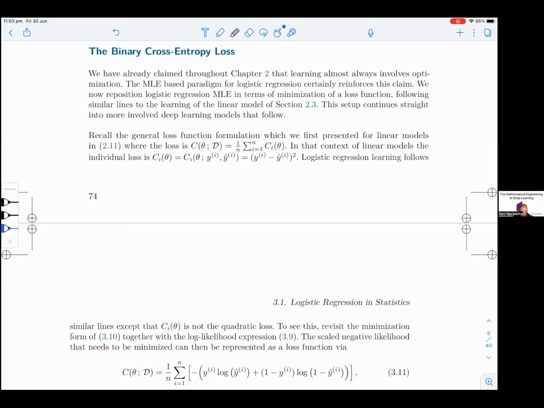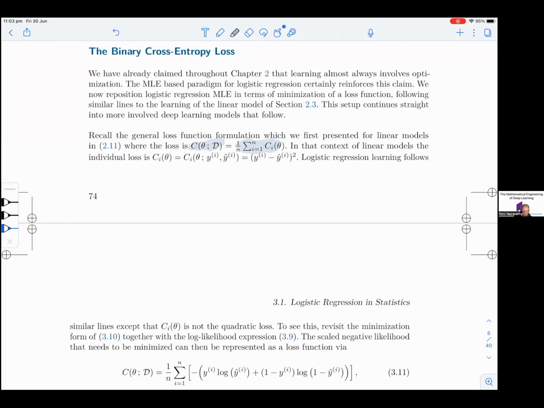Recall the general loss function formulation, which we first presented for linear models in equation 2.11 in chapter 2, where the loss is C of theta given data, and that's the average over the individual losses Ci.